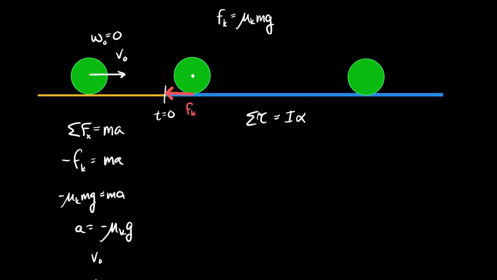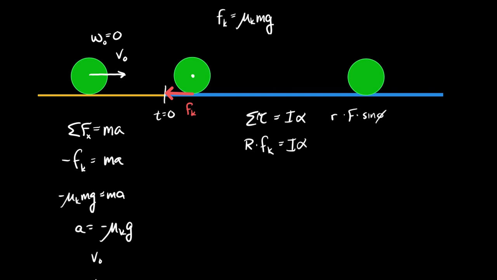But I do also need to recognize that torque requires 3 pieces of information in order to calculate an individual torque, and we have those. So the torque is going to be the radius of the object times the kinetic friction, and that's going to equal whatever the moment of inertia of the object is times alpha.